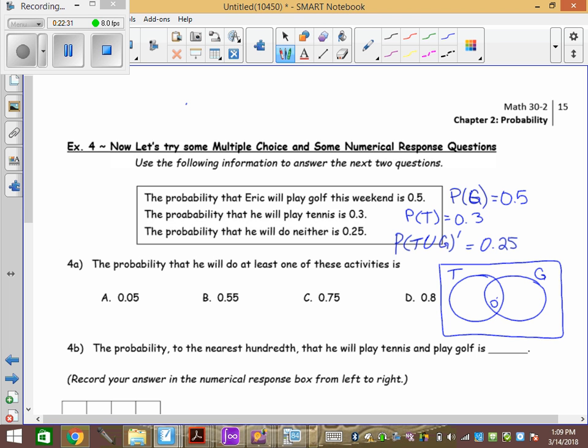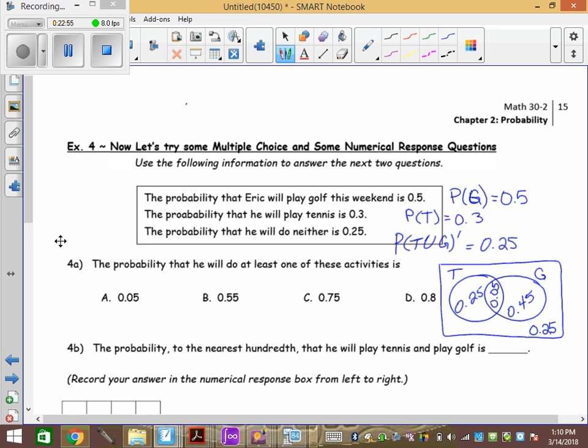Here we have 0.05. Here we have 0.25. How do we get these two separately? Subtract, right? 0.5 minus 0.05 is 0.45. 0.3 minus 0.05 is 0.25.